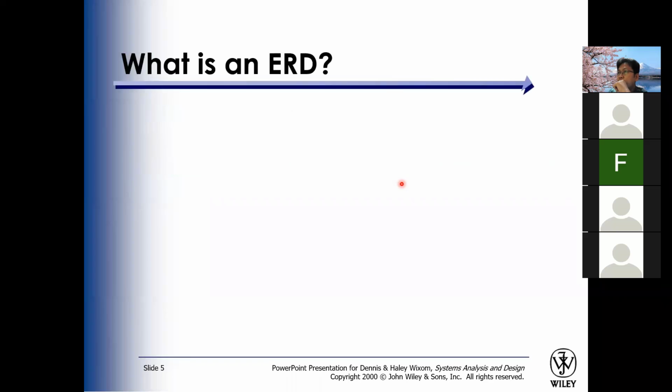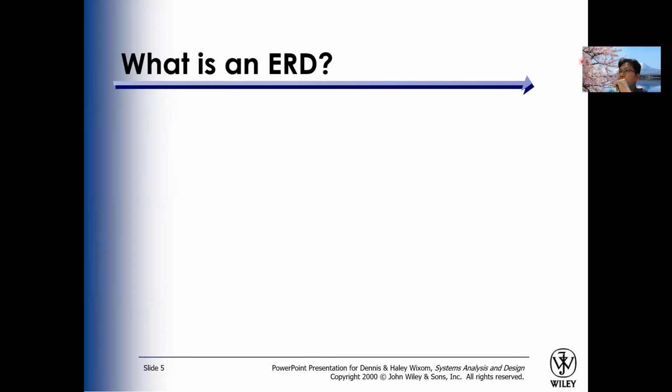Of course, if you don't understand this, you have to search the internet for what the difference is. But in this world, there are two kinds: object-oriented and relational database. But using the ERD, we can use both of these kinds of data. Relational and object databases can be implemented using the ERD.